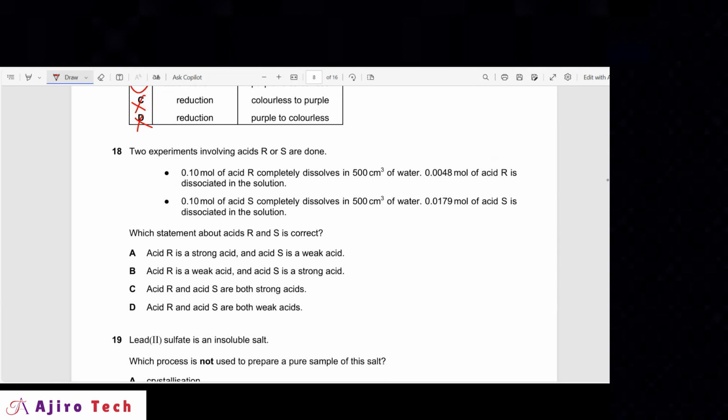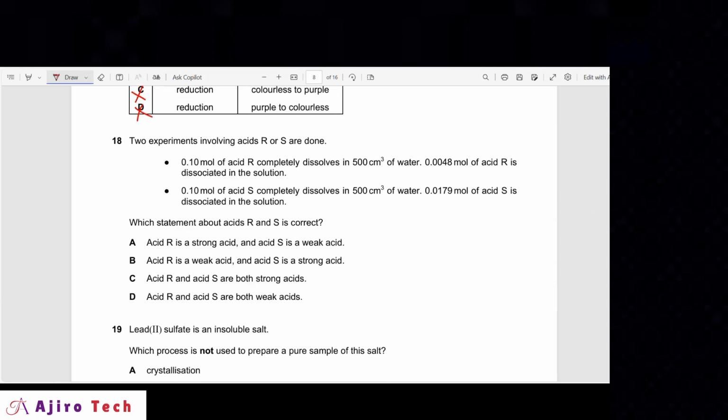Question 18, two experiments involving acids R and S are done, right? This is the number of moles of acid R that you use in 500 cm³ of water, but not all of it dissociated, okay? That tells you that it's a weak acid, since you're using 0.1 mole and just 0.048 dissociated.